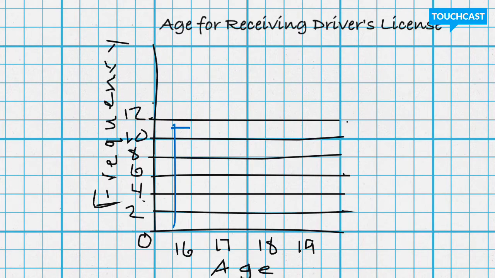Then we draw a line over and back down, and fill that in. Then 17, that happened 4 times. So we're going to go to 17, draw a line up to 4, make a bar there and color that bar in.